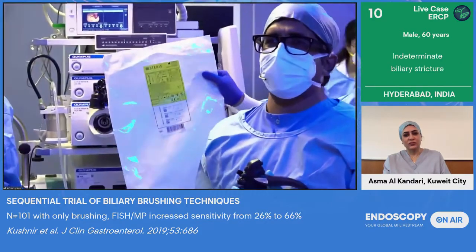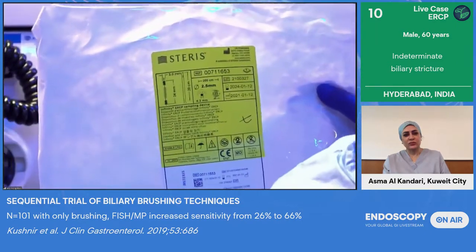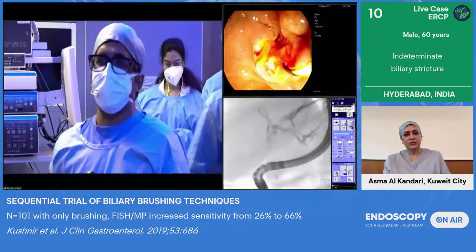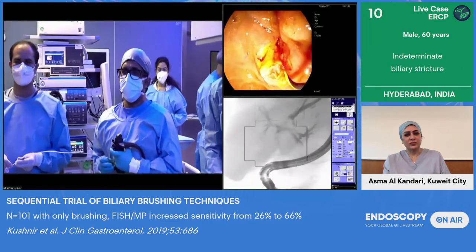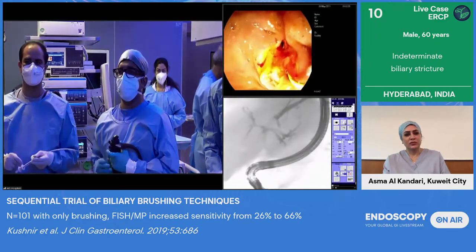One is the stiff brush, which can cause a defect in that stricture, and then there are soft bristles which will collect these abraded cells. And then there is a gap also. We'll show you how it looks once we take this brush.